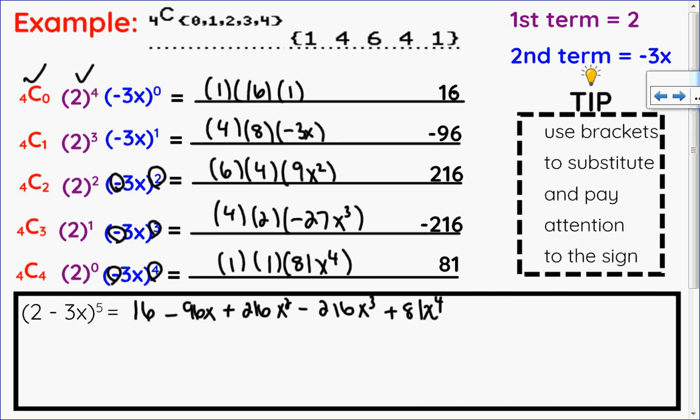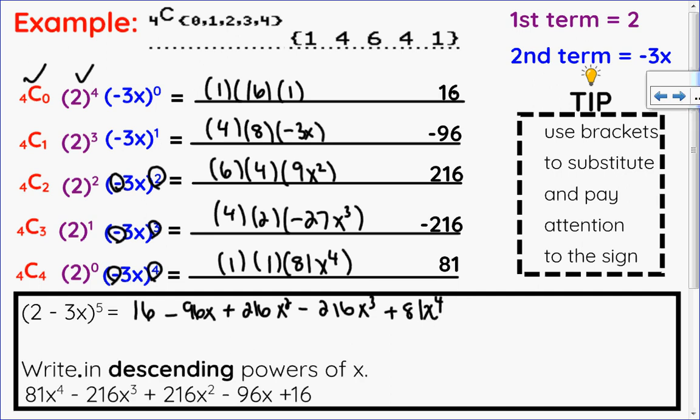So that's how it expands, but remember what I told you. You want to write it in descending powers of x. So you start with the highest exponent, which is 4, and go all the way down to the lowest exponent, which is 0.